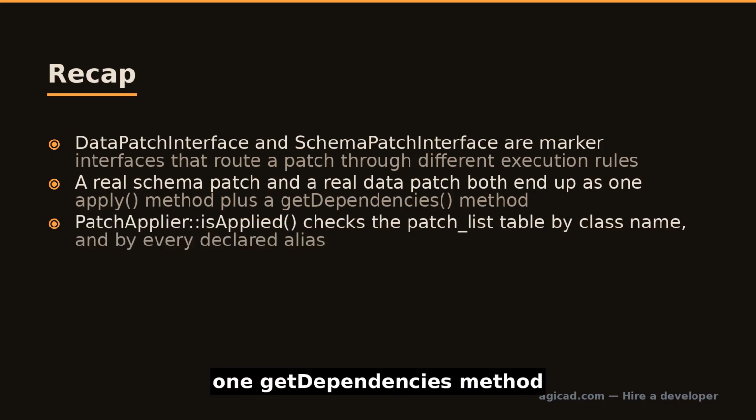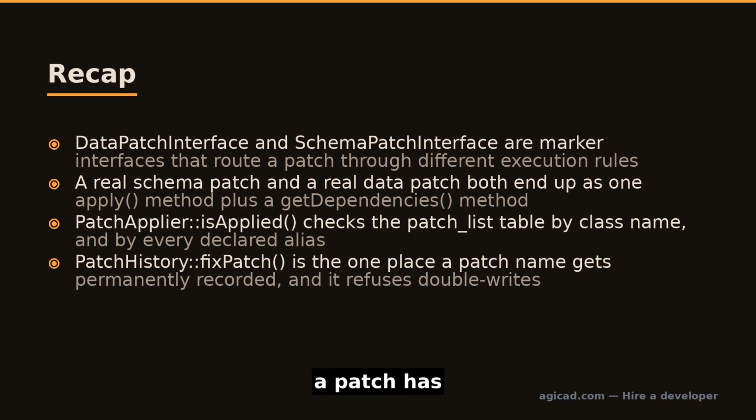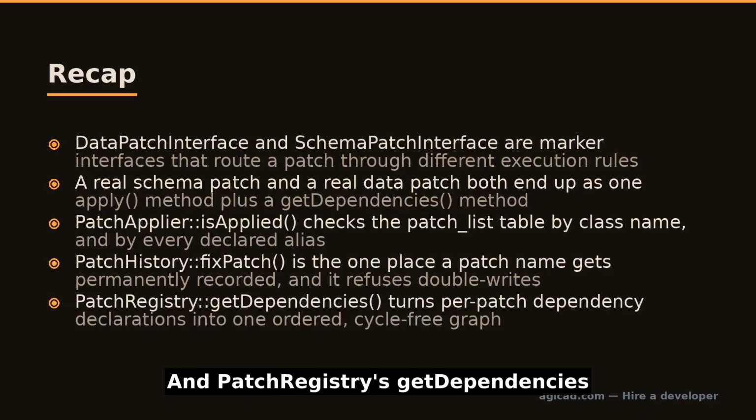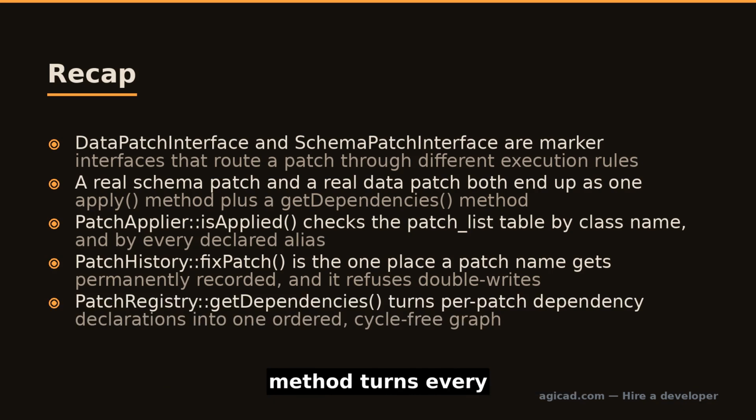PatchApplier's isApplied method checks the real patch_list table by class name and by every alias a patch has ever had. PatchHistory's fixPatch method is the single place a patch's name gets permanently written, and it refuses to write the same name twice. And PatchRegistry's getDependencies method turns every patch's individual dependency declaration into one ordered, cycle-checked graph, which is what lets patches from entirely different modules depend on each other safely.